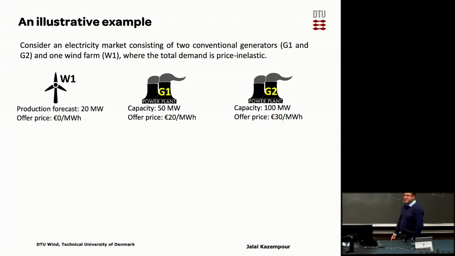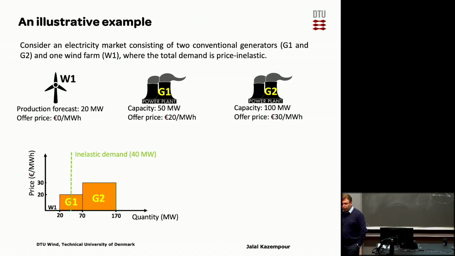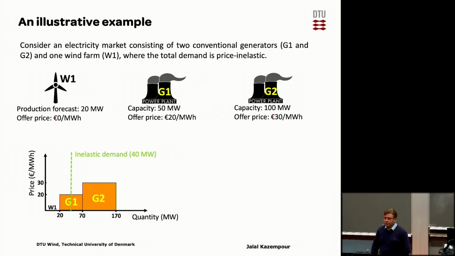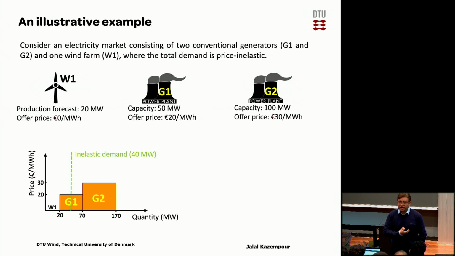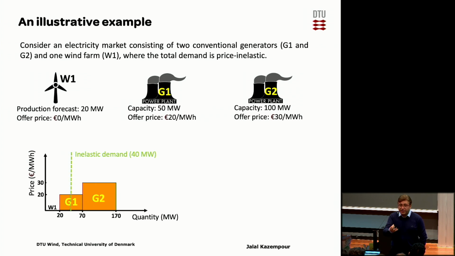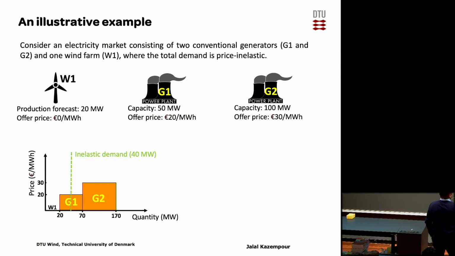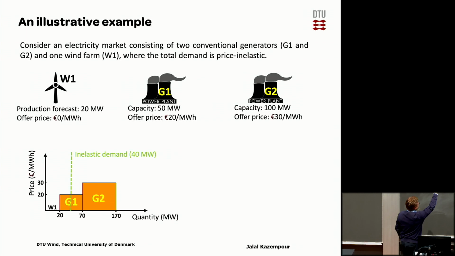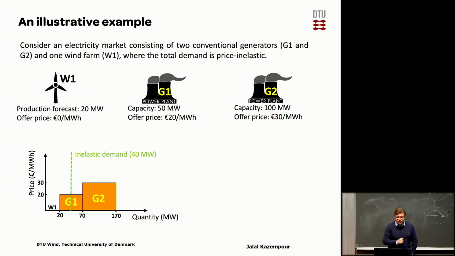Imagine your demand is inelastic to price. It means that demand says at any price, I'm willing to buy electricity. So here in our example, demand is inelastic to price. It means it doesn't react to price. So if our inelastic demand is 40 megawatt, we have merit order. We first put W1 because it's cheaper, then G1, then G2, which is the most expensive one.